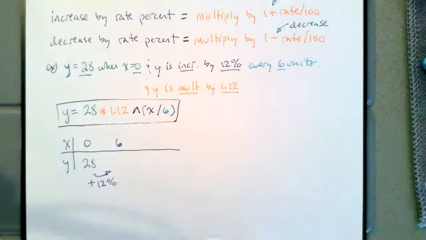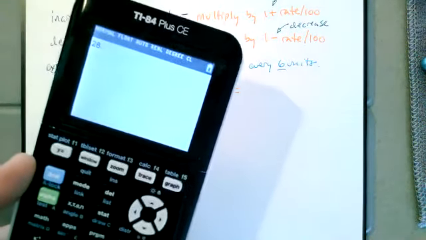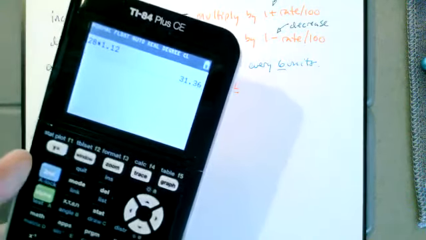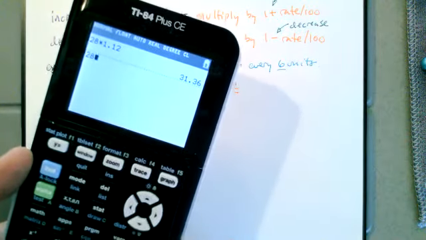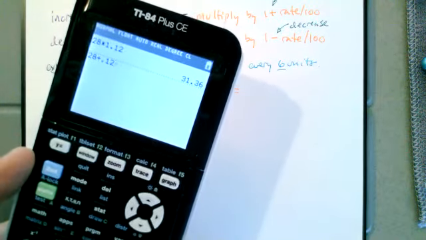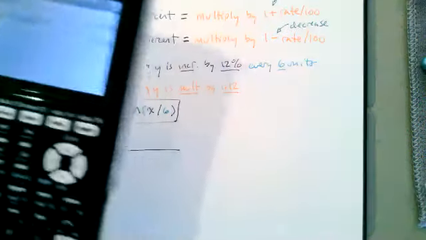But for something to increase by 12% is to multiply by 1.12. 1, because we have to pay for the item as well as the tax, and the 0.12, that's the tax. So I could take the 28 and multiply by 1.12. This gives us the same thing as if we start with 28 and add 12% of 28, 31.36.